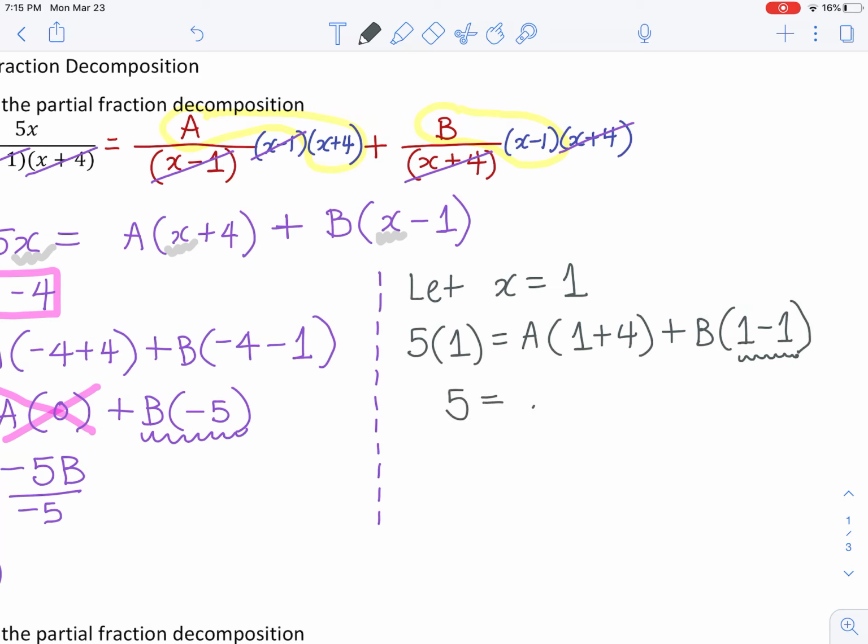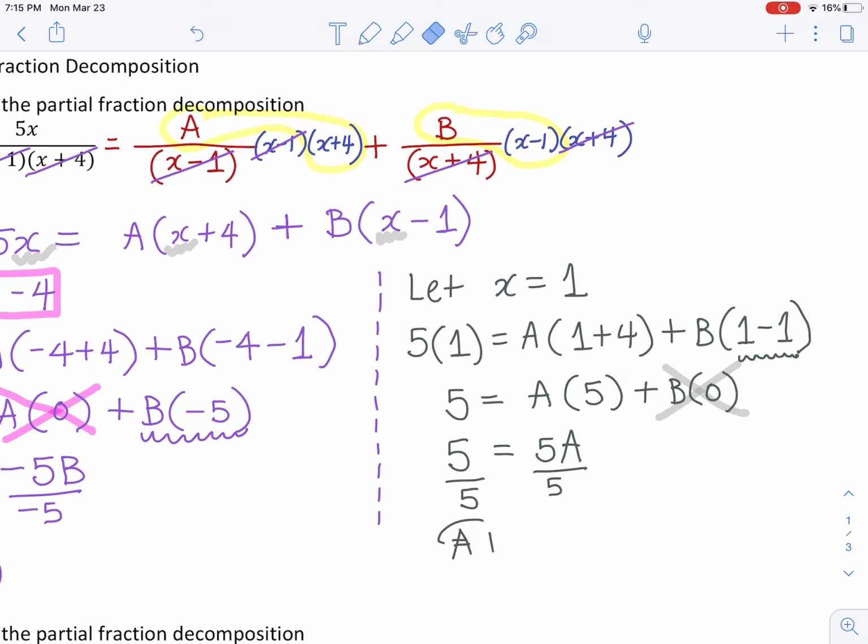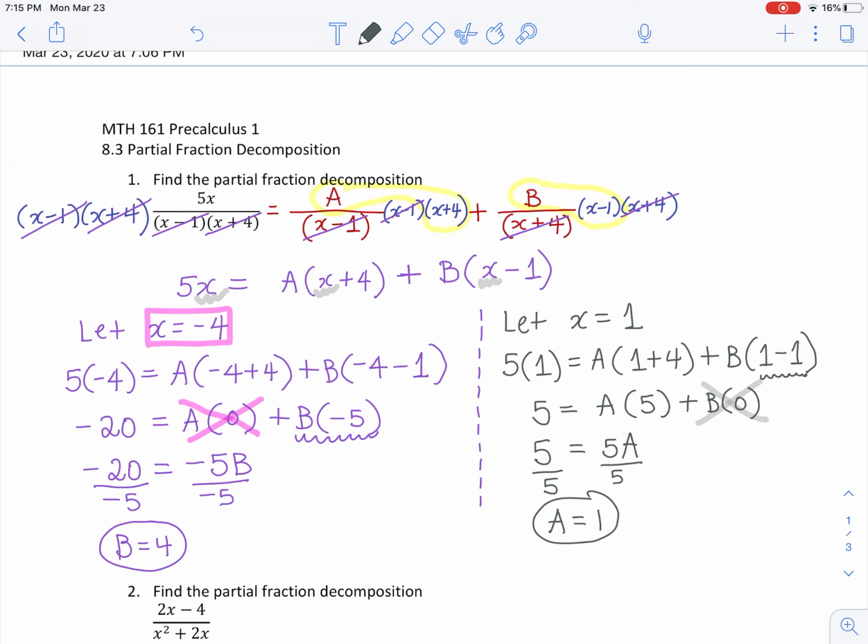So 5 equals A times 5 plus B times 0. B times 0 cancels out, so we have 5 equals 5A. Divide both sides by 5 and you get A equals 1. Now circle those A and B values.